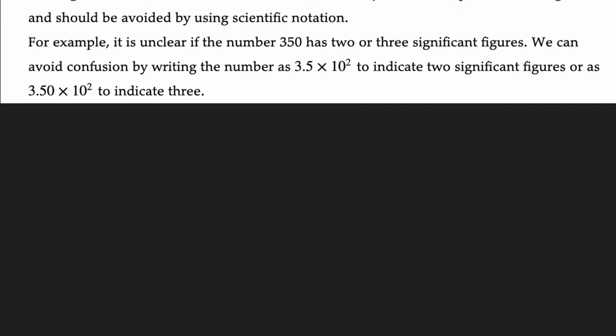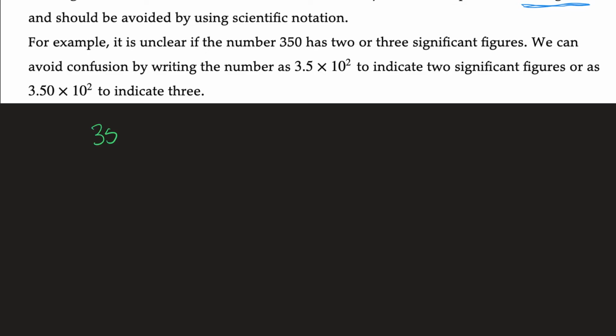Now, rule 6 is when it gets a little unclear, or as they say here, ambiguous. That's just a way of saying unclear. So let me give you a couple of examples here, and I'll tell you how we're going to handle these ambiguous situations.